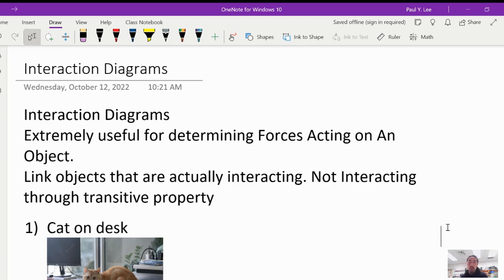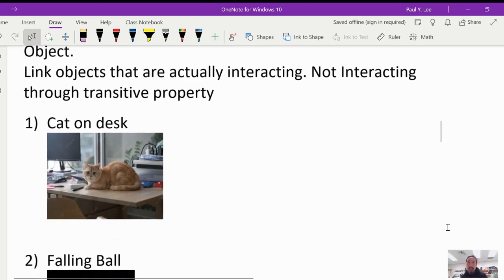All right, let's start off. The first one is a cat on a desk. I'm going to show you how to draw an interaction diagram. The first thing you want to do is write the word cat and put a little circle around it. That's our focus object, the cat.